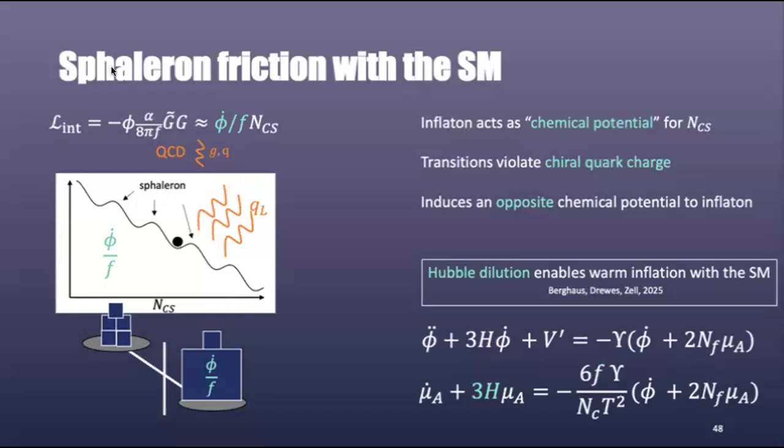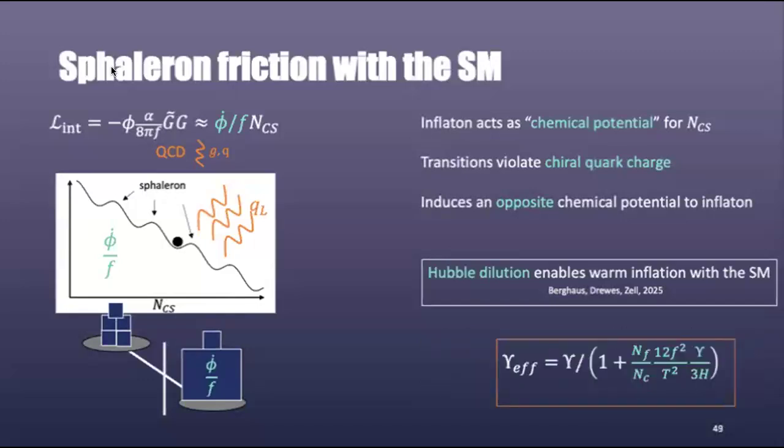Even if Hubble is small, the fact that the charge is not conserved really matters, because we are continuously decreasing this counterweight, which means that at the end of the day, we get an effective friction coefficient, which is what we would have naively expected from the SU(N), plus a correction term that takes into account the evolution of our chiral chemical potential, where this 3H functions as a chirality or axial charge violation, which in this case is just the expansion of the universe itself.